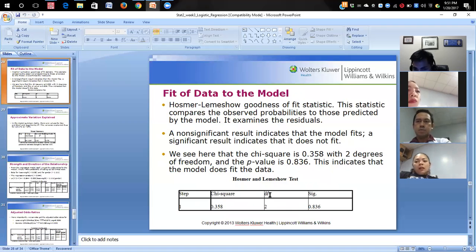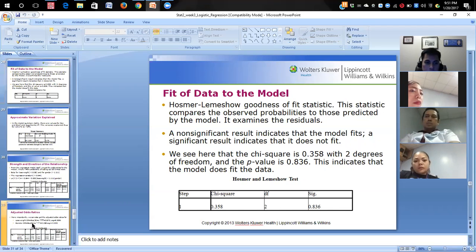We have a degree of freedom of 2 because the number of our variables is 3, so 3 minus 1, the degree of freedom is 2. And the chi-square value for that step 1 statistic is 0.358. So in this data set, it shows that there is goodness of fit of the data.